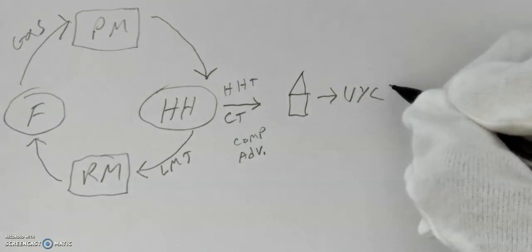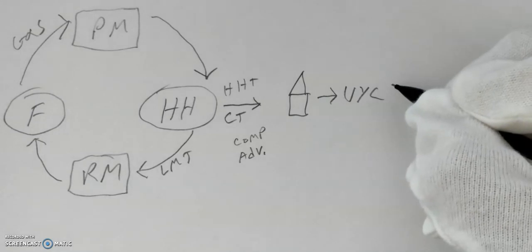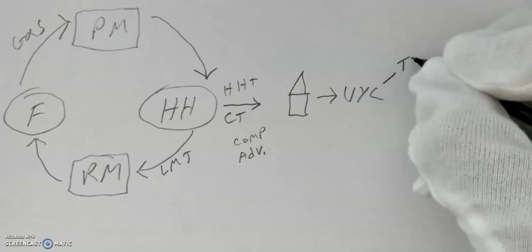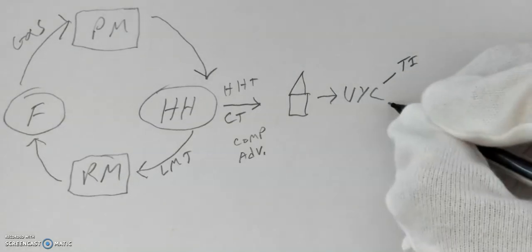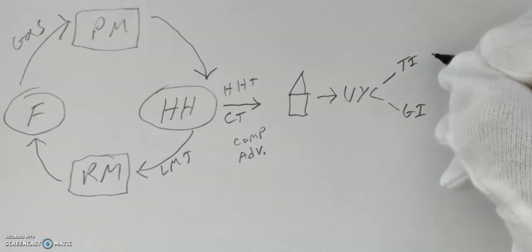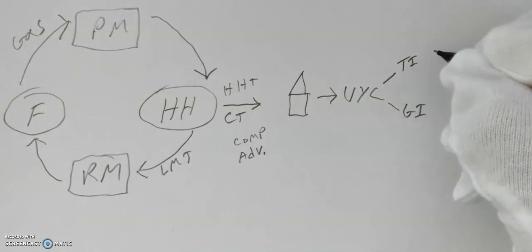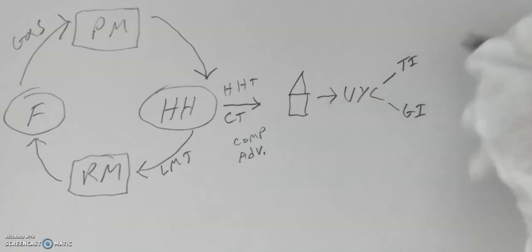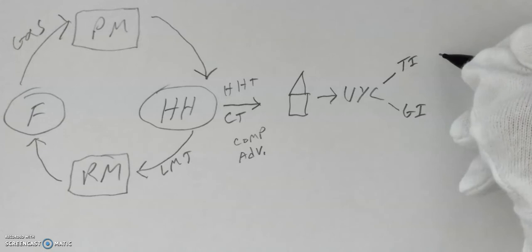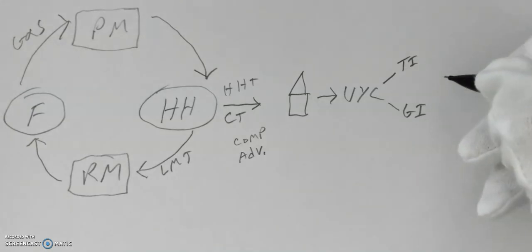And we thought of those utility yielding commodities in terms of those that are time intensive, okay, and those that are good intensive. Time intensive, if you recall, had a high amount of household time and consumption time and a low amount of labor market time.